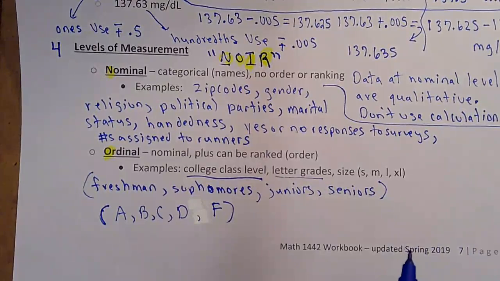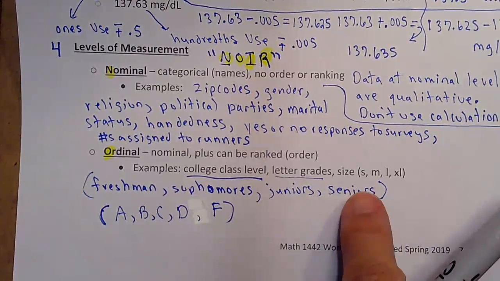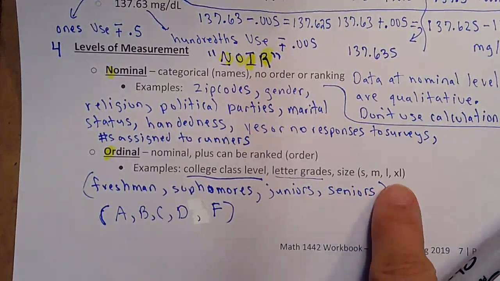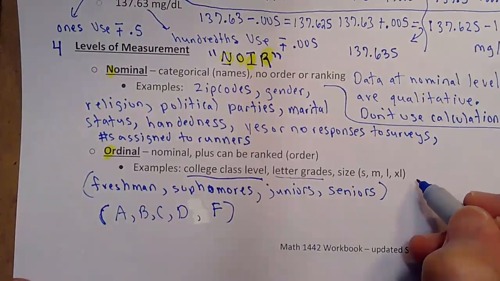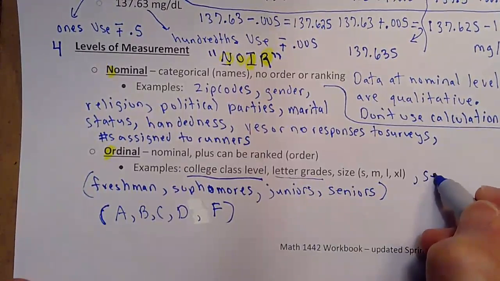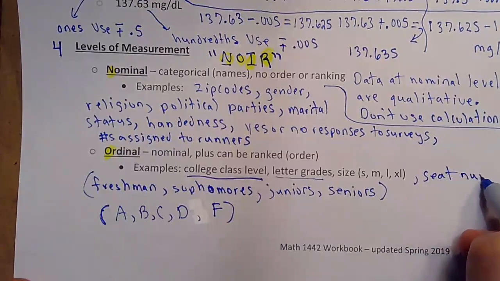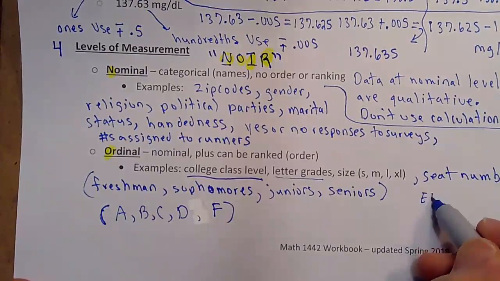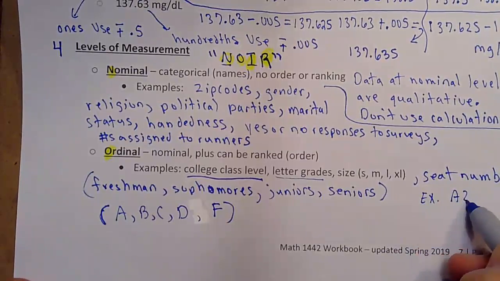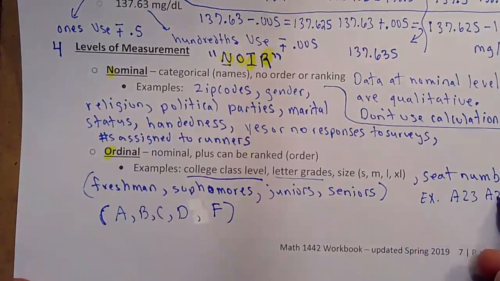And then sizes. They have an example here for sizes: small, medium, large, extra large. So there's your sizes right there. But then I also have some extra examples. I have here seat numbers. So for example, let's say A23, A24.